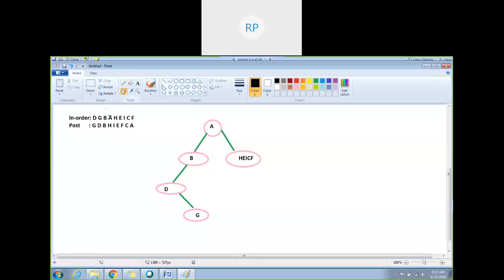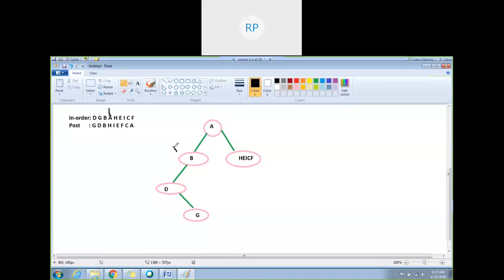So I'm checking, since A is my root node, what are the elements that can come in left? DGB. Okay, DGB all on the left side. And what are the elements that can come on the right side? HEICF. These are the elements that can come on the right side.